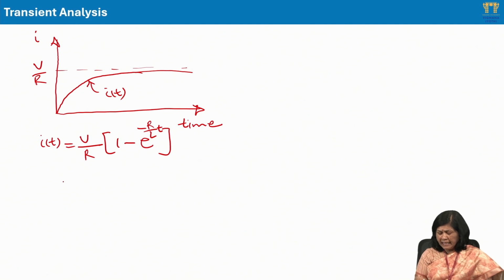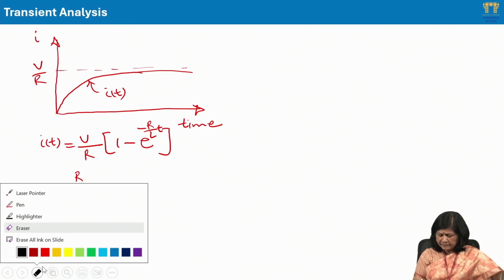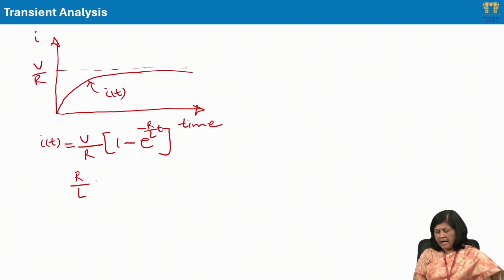The exponent becomes unity, that means R by L into t is equal to 1. The minus sign is not required here because we are talking about time. So this gives me time equal to L by R, which we call the time constant.